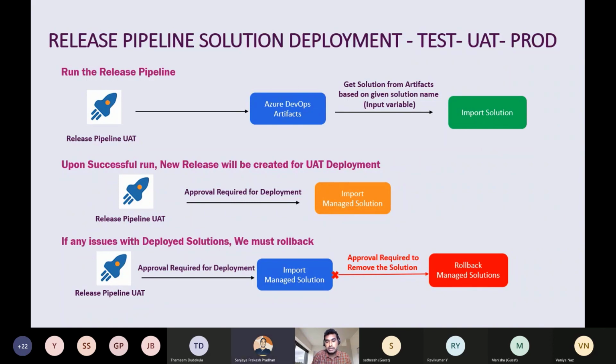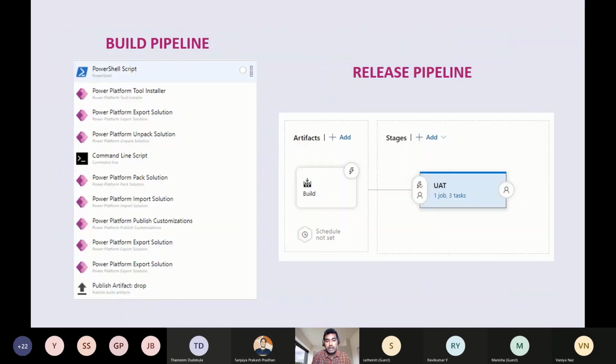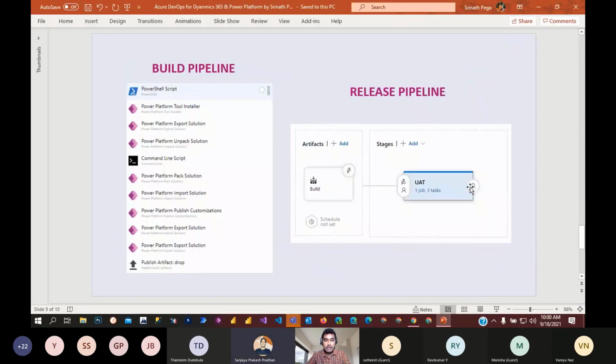So the release pipeline will pick that solution and import it into the down the line environments. So this is the build pipeline. It looks like it has a PowerShell script task and a tool installer. I will demonstrate these pipelines and things like that. Let me show you the DevOps.